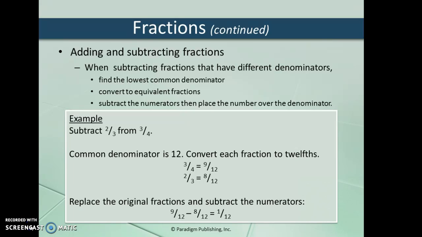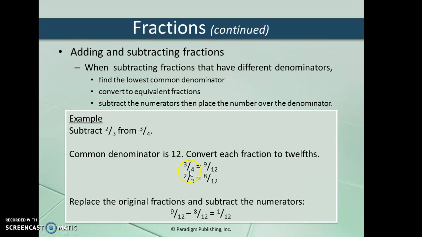Subtracting fractions with different denominators. Find the lowest common denominator. Convert to equivalent fractions. Subtract the numerators, then place the number over the denominator. So in this example, subtract 2/3 from 3/4. The common denominator is 12. Convert each fraction to twelfths.